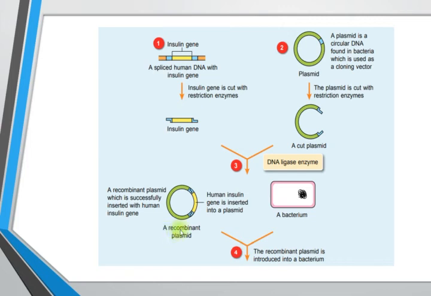What is a recombinant plasmid? It refers to the plasmid that is successfully inserted with the human insulin gene. As you can see here, the human insulin gene is inserted into a plasmid.